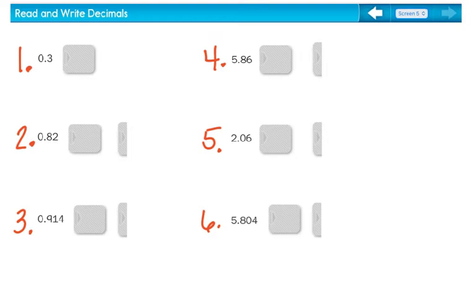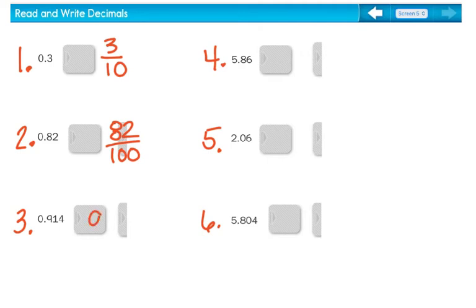You will write it as a fraction. So 3/10. On your whiteboard, please write 3/10. Next one, number 2, 82/100ths. You should be able to write that as a fraction. Do this with me, don't just watch it.